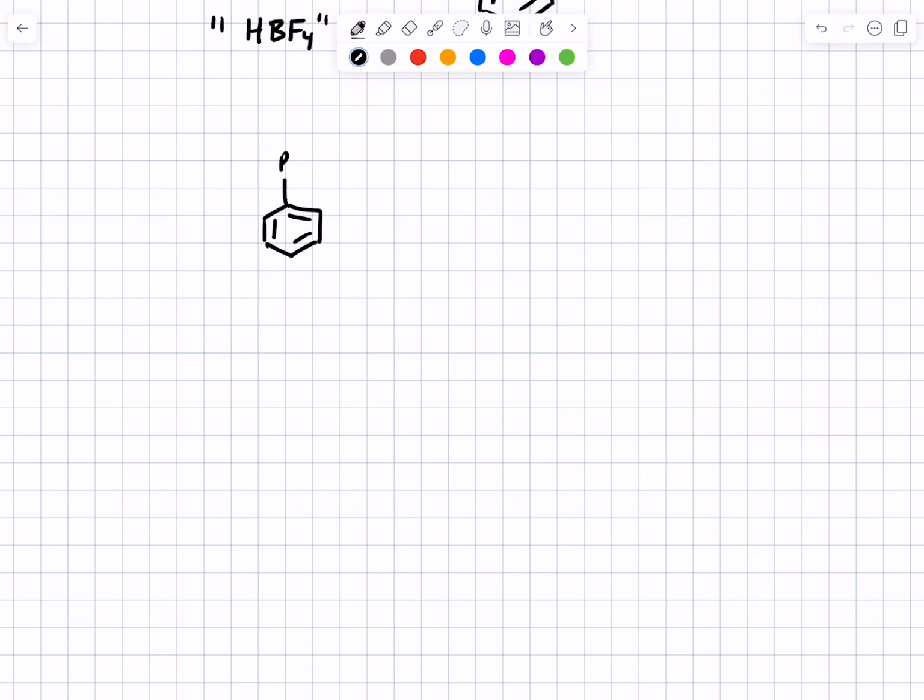Your text says, what if you wanted to make this fully meta-substituted bromo? There's no way to do that because once you add one bromo, you've got ortho and para directors on it. So your text says the way to do this is first start with the aniline, halogenate the snot out of it, right?